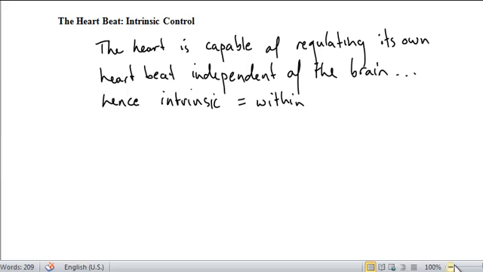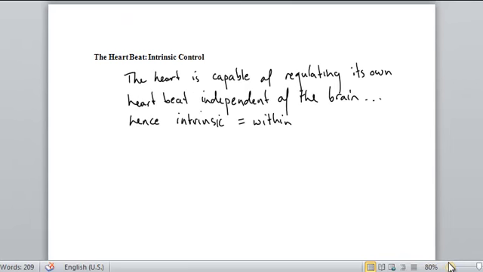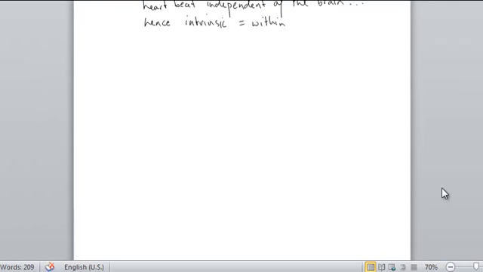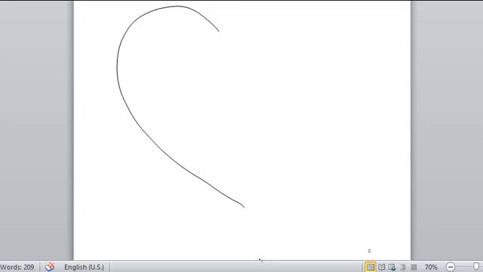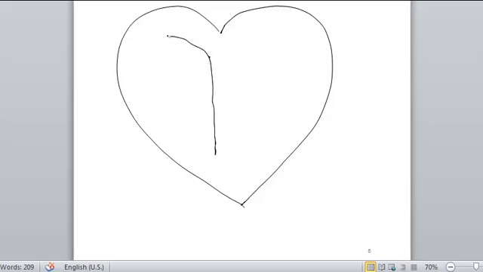So we're just going to zoom out a little bit here so we can draw a picture. What you can do is draw a relatively large heart, and then you're going to draw a half heart, leaving some space, because what we want to leave is indication of the muscle tissue.